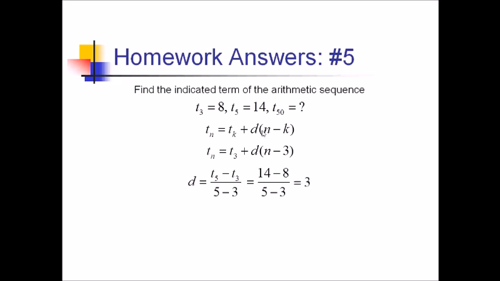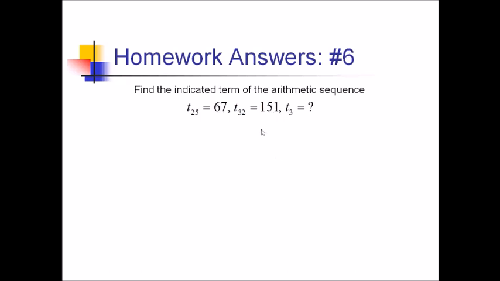Plugging it all in, I've got T50 equals T3, which is 8, plus D, which is 3, times 50 minus 3. I don't know what 3 times 47 is, but this is really like having 150 minus 9, which is 141, plus 8 over here gives us 149.